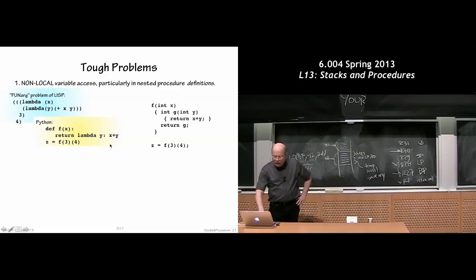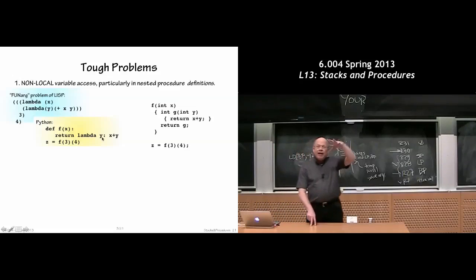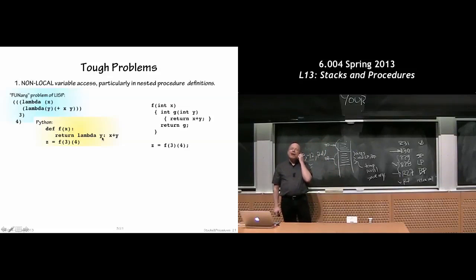So if I call f, I get back a little anonymous procedure that adds the argument to f plus the argument to the anonymous procedure together. The trouble is that if you're relying on some information in activation records that's going to go away, that's a problem. And we'd have to do something much more sophisticated than what we're doing now to build the appropriate closures. And that's a topic beyond our course.